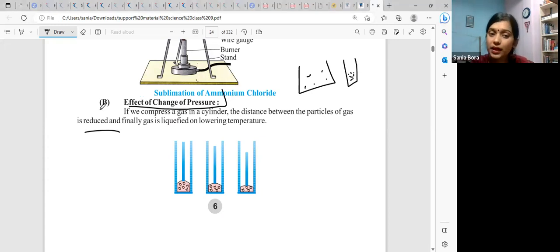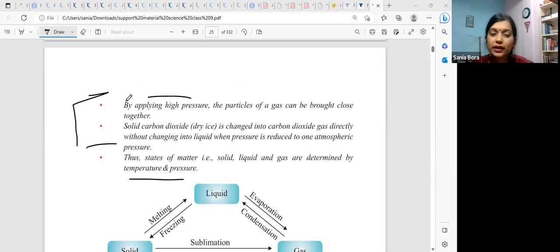You have to just write B, effect of change of pressure, right? And after that, you don't have to write anything. You have to write only these 2 points.